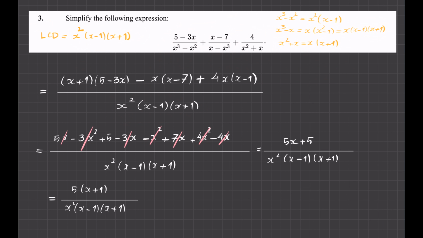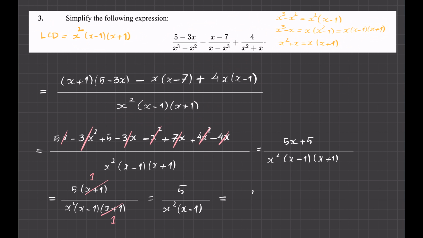So I take this one off, take this one off, this is 1 times, this is 1 times, and then what is left in the numerator, 5 times 1 is left, in the denominator x squared times x minus 1 is left. Nothing can be simplified anymore.